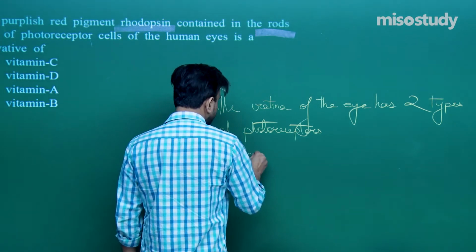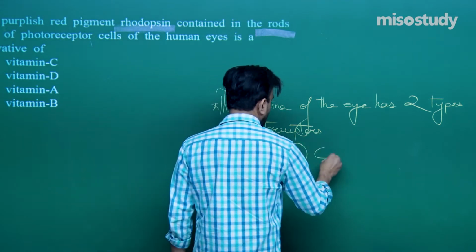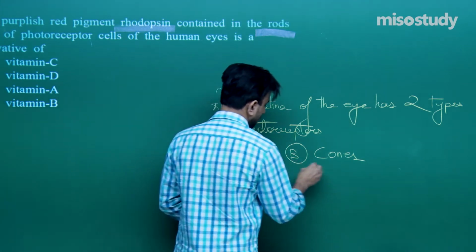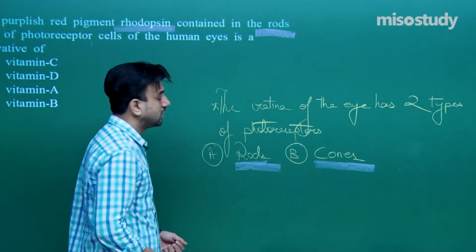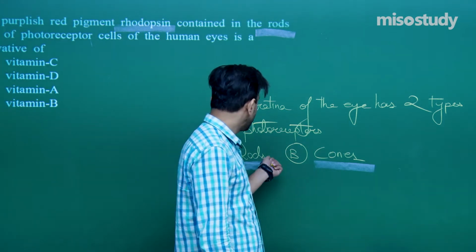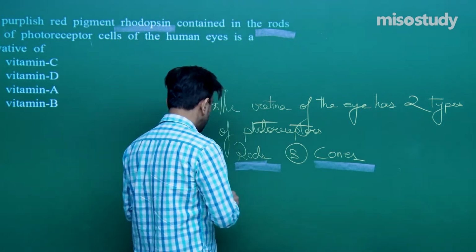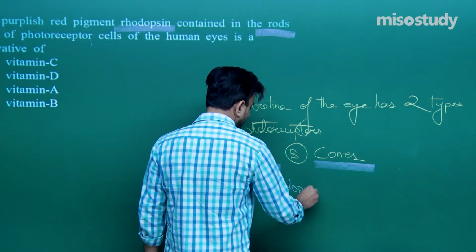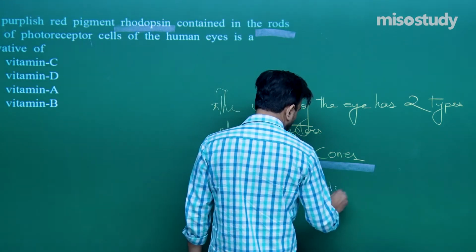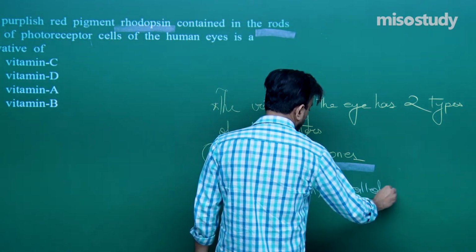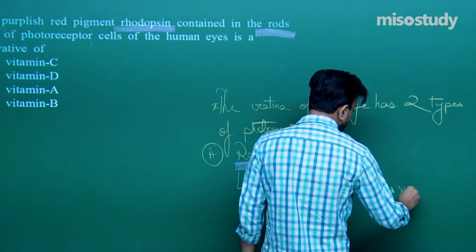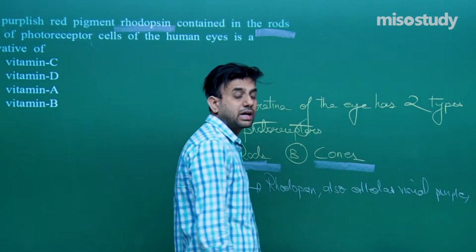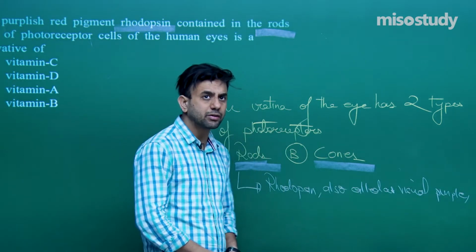These are the rods and the cones, and we will see that the rods contain the rhodopsin pigment, also called the visual purple, which is a derivative of vitamin A.